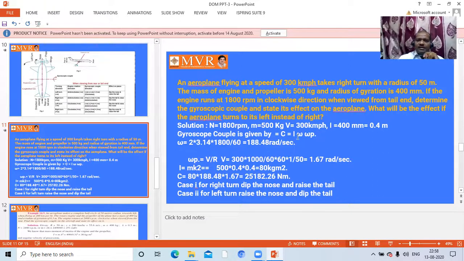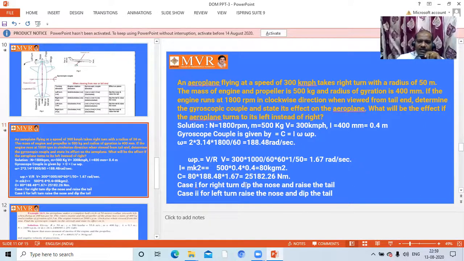Next, the second question is to determine the effect. Two cases are given: one is a left turn and the second is a right turn. The first case is about the left turn, for which it dips the nose and raises the tail. For the second case, the right turn, it raises the nose and dips the tail.